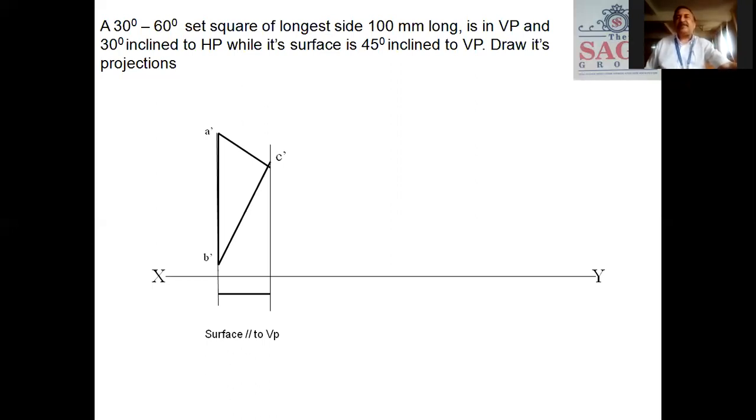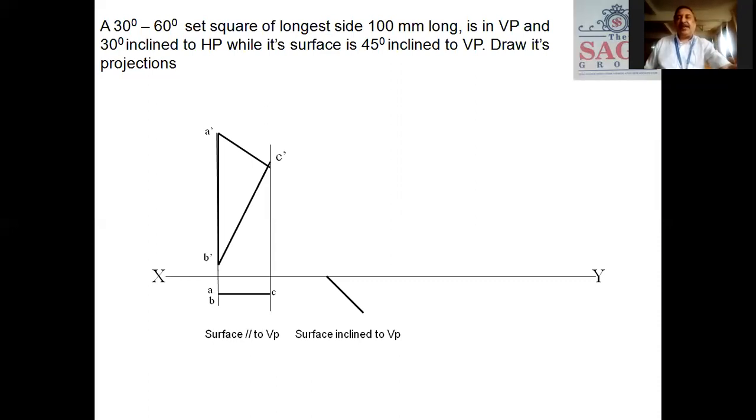Okay. Next, now we have to draw the surface inclination. So for drawing the surface inclination, we incline this line at 45 degrees. Surface inclination is given as 45 degrees to VP. So we have to draw a 45-degree angle and take the same length as before in the last view.